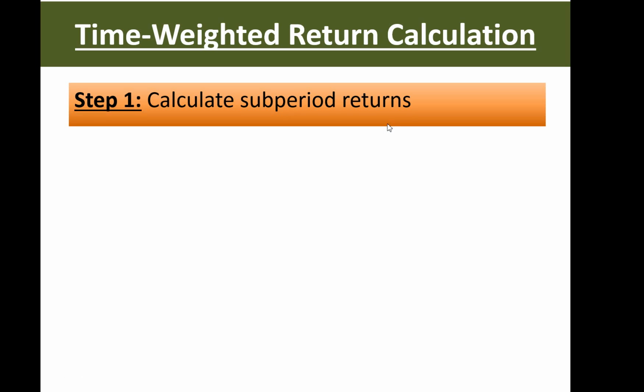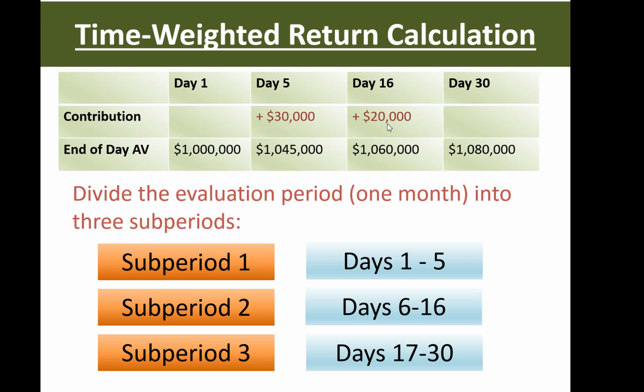Now, the next step is to calculate what those returns were in the fund for each of those sub-periods. So if we go back to this slide right here, what would the return be for the fund on sub-period 1? Well, based on the previous example that we did on calculating the market value and calculating rate of returns, you could take the difference between the end of day account value and the beginning of day account value, and then divide it by the beginning to get your return over days 1 through day 5.